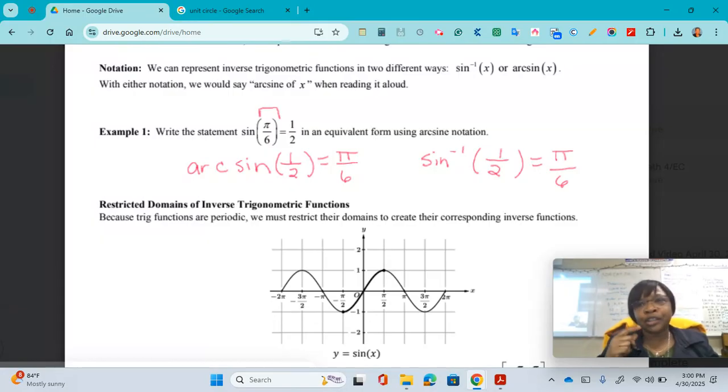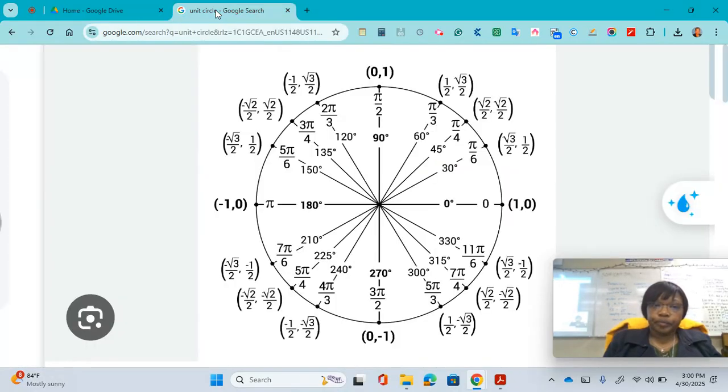Does anyone have any questions on that? I have the unit circle on the other page. Does anyone need to see the unit circle relation? All right. So on the unit circle, if I have the arc sine of 1/2, I'm looking for when my y value is 1/2. My y value is 1/2 here at pi over 6.